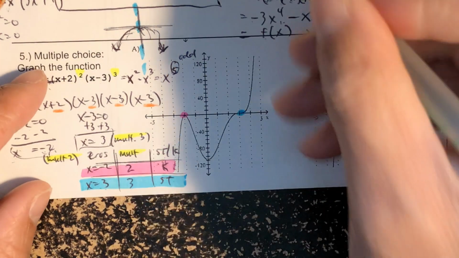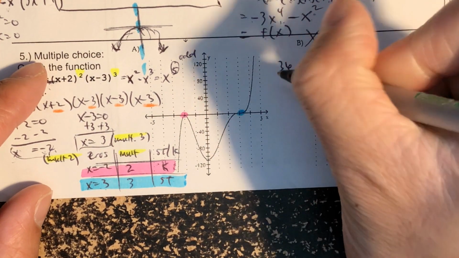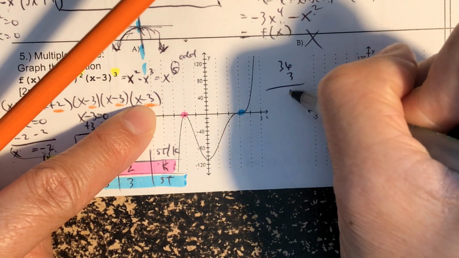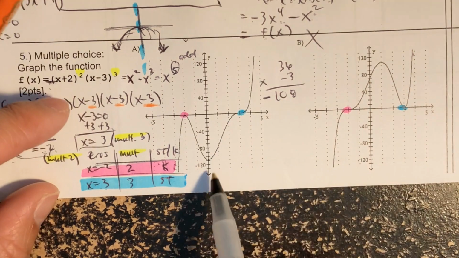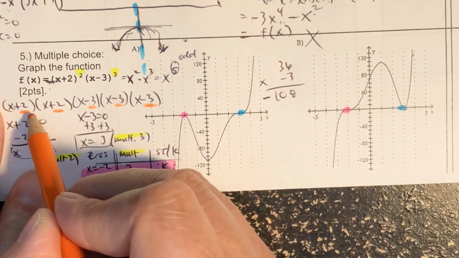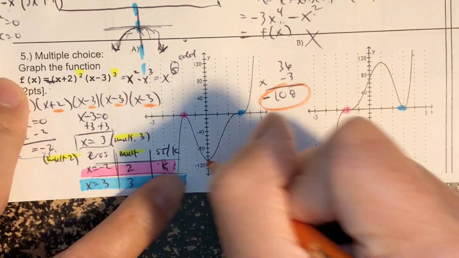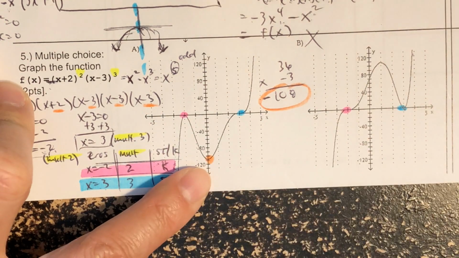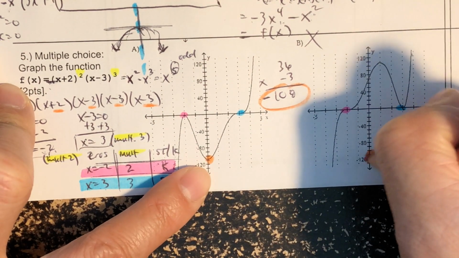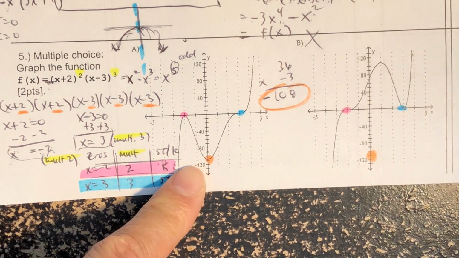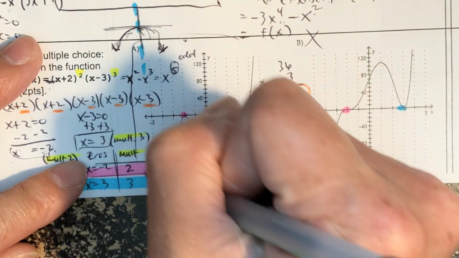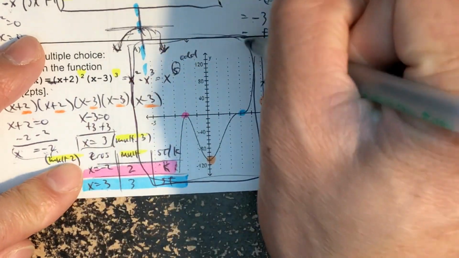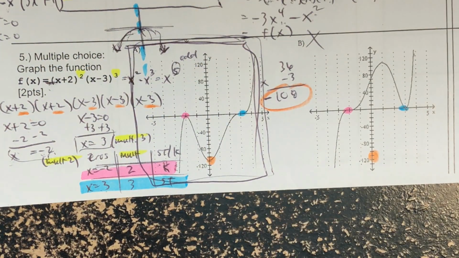And 36 times -3 gives me -108. And if you look at that, when you multiply all those numbers, I get -108. There's the y-intercept. See, it was supposed to be down here. So a bunch of clues to show us that the answer is A. A is the correct answer for question number 5.